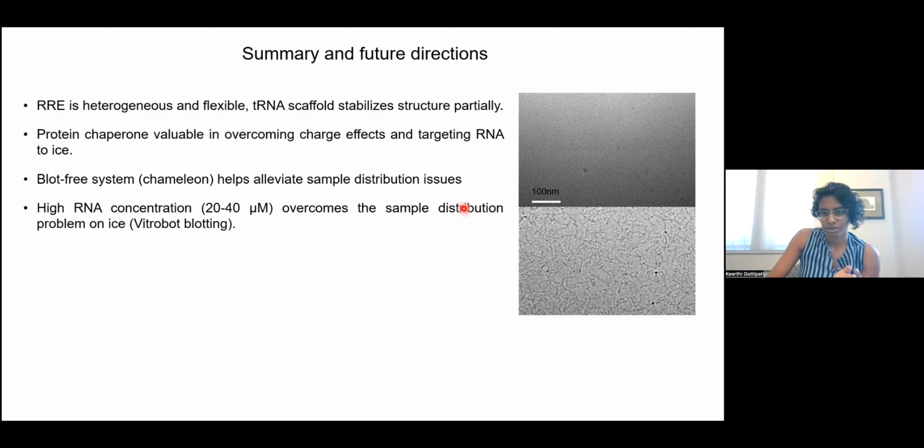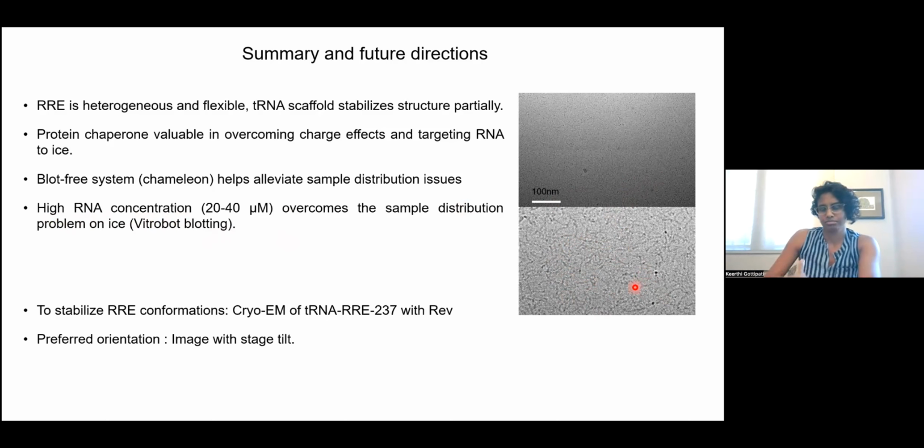This micrograph is from a recent data set that we collected at a very high RNA concentration. You can see RNA localized onto the ice, and it's a very clean sample. Yes, it's a little crowded, but we still see very good sample distribution.